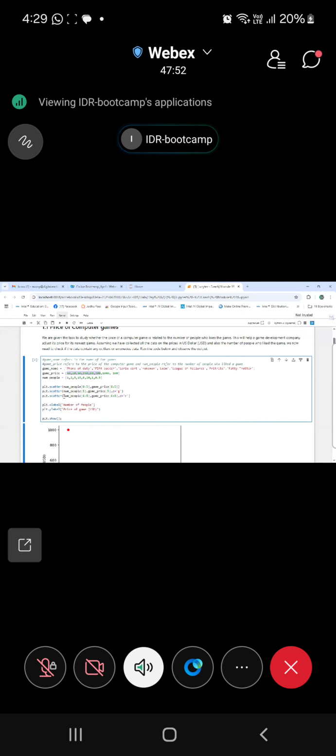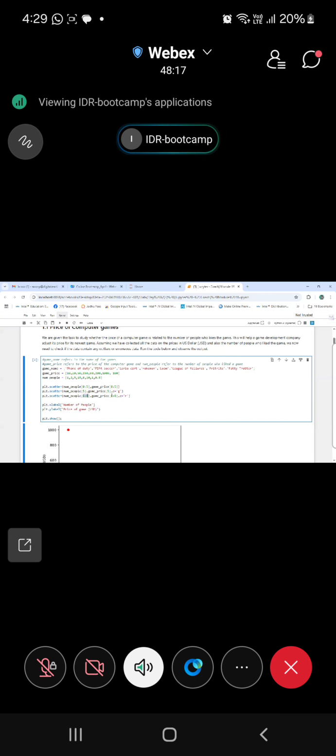When you take the number of people 6:8, what does this mean? That means the 6th index and the 7th index. You will not be considering the 8.